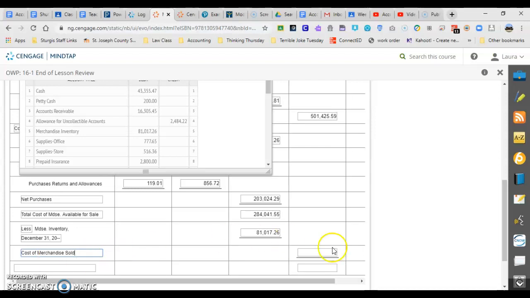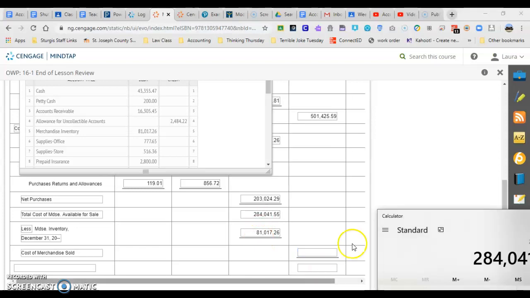So this is our cost of merchandise sold then, is our total cost of merchandise available for sale minus how much we have left.